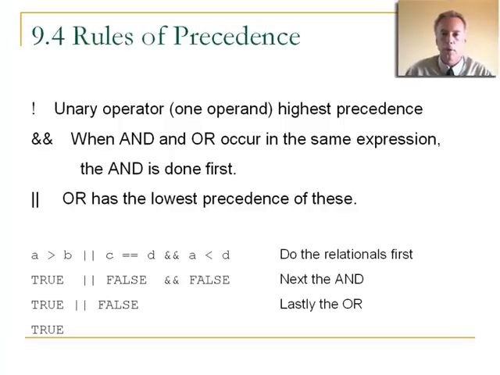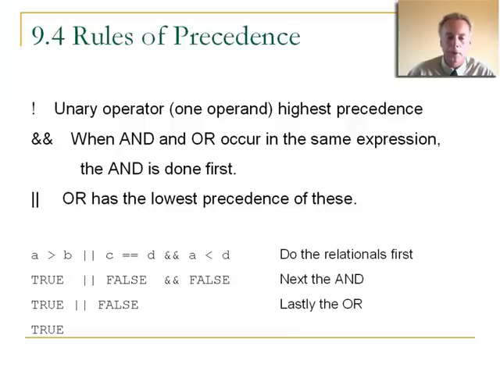When we use more than one logical operator in an expression, there are rules of precedence, the same as we looked at rules of precedence for multiply and add. So multiply happens first if there are no parentheses to otherwise say that the add should happen first.